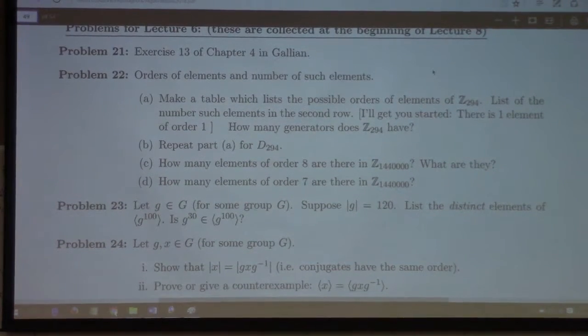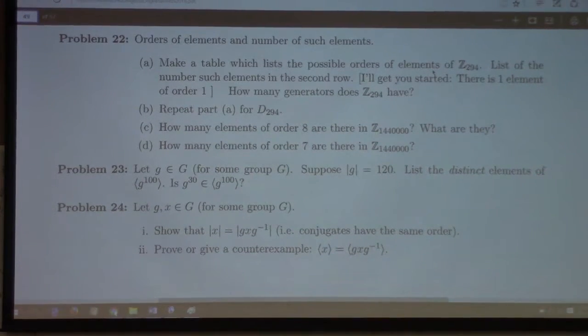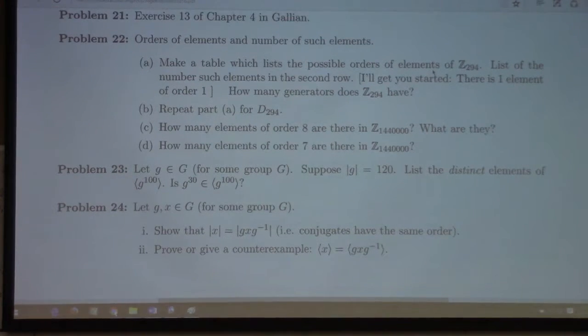Now I will tell you the source of my nefarious problems. Actually, they're not so nefarious. These are crafted by my brother Bill. Bill has taught abstract algebra a dozen times, so these problems come to you from a wealth of experience.